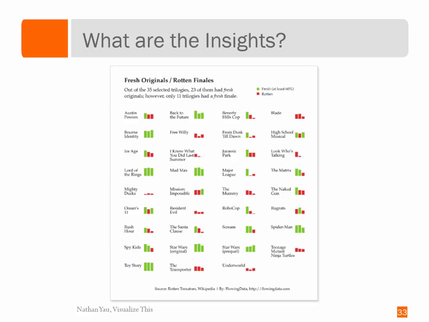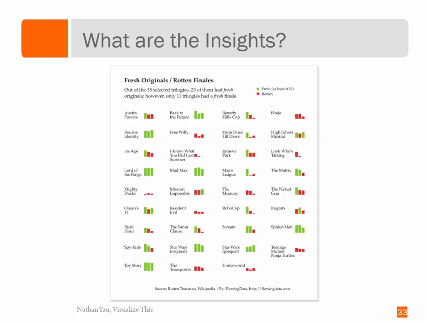So there's 35 different properties here, 35 different trilogies. One of the insights is that 23 of them had fresh originals. So out of this whole set of 35, if we look across and compare the first column in each of them, we'll see that 23 of them had a green column.